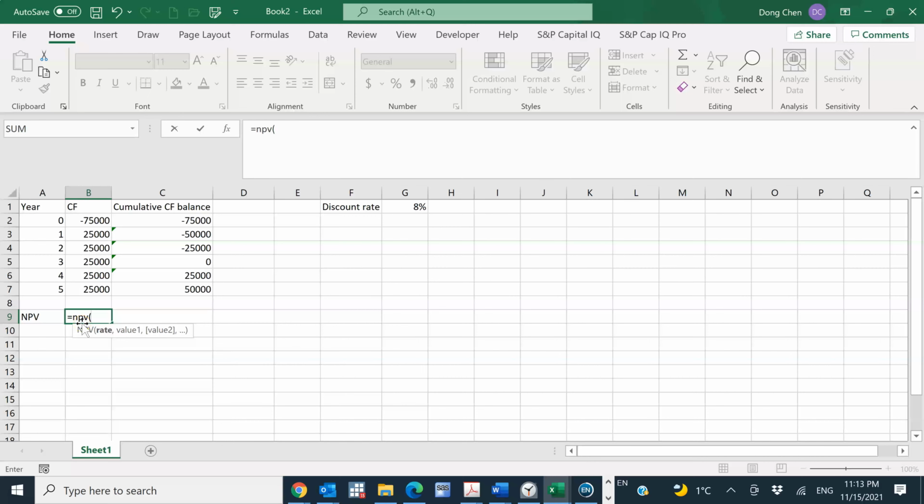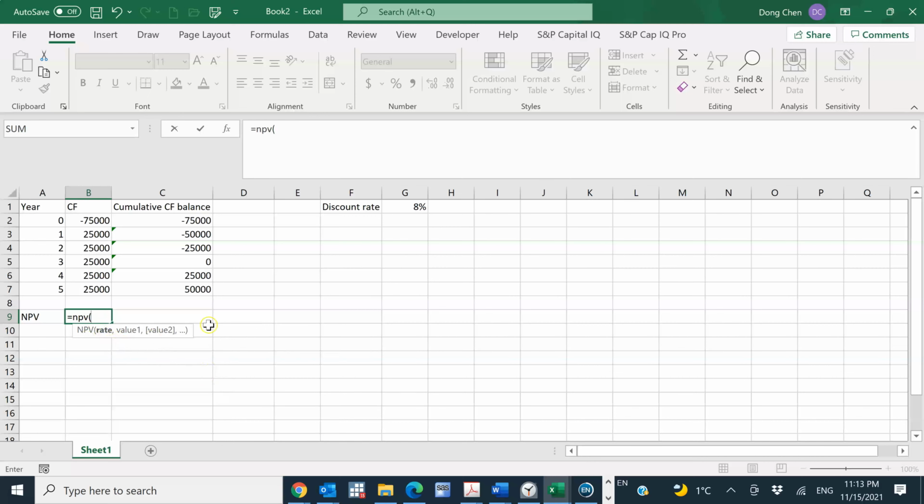The word net here means that it is the present value of all future cash flows net of the initial cash outlay. But the NPV function in Excel only does the first part, the present value of all future cash flows. It doesn't net out the initial outlay. So we need to do that manually. That's the thing we need to remember when we use this function.